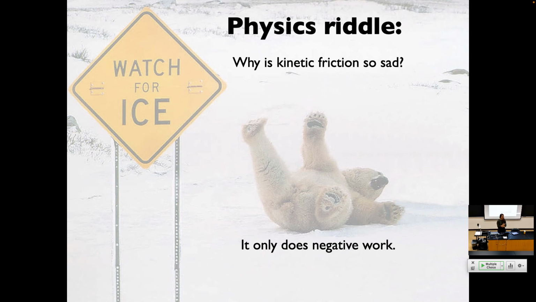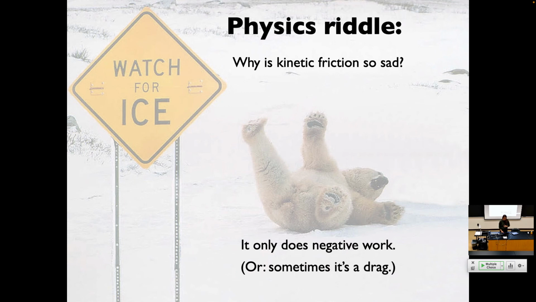It always points in the opposite direction. So if I'm sliding this stuff this way, the friction has to be that way. So the friction force always points opposite to the displacement and therefore always provides negative work, okay? And here's the secondary thing. It's sometimes a drag, okay? This is what you're here for, I'm sure, these puns.